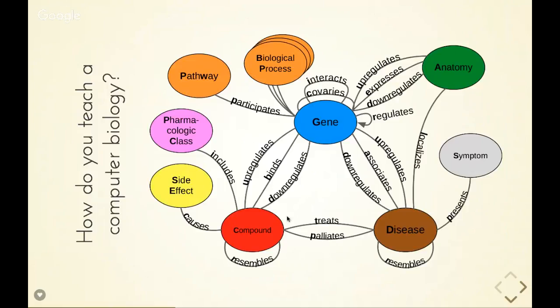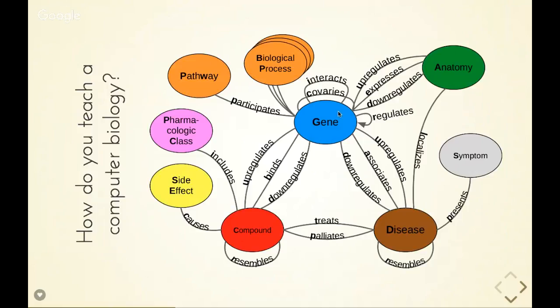But the network also has a lot of other pieces of information. So here, this indicates whether a compound binds to the protein of a certain gene. But there are also other relationships between a compound and a gene, such as the compound upregulates a gene, meaning that when a patient or a cell has the compound, more of that gene is transcribed or expressed.